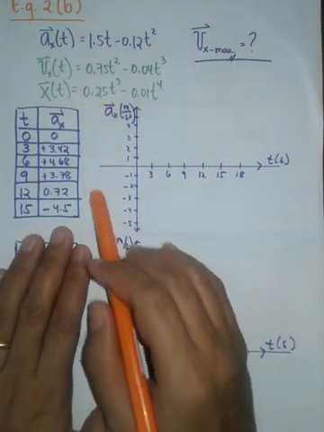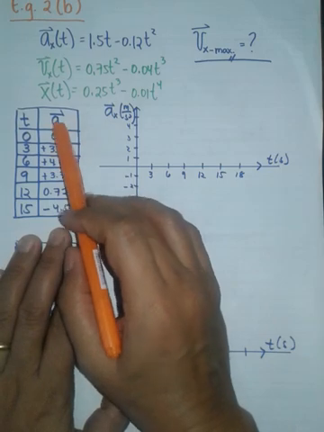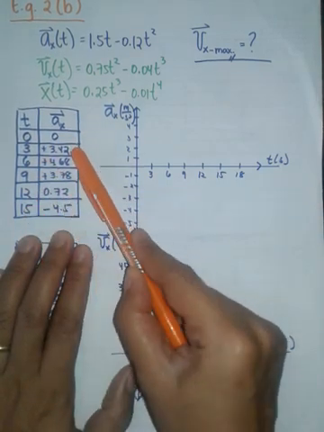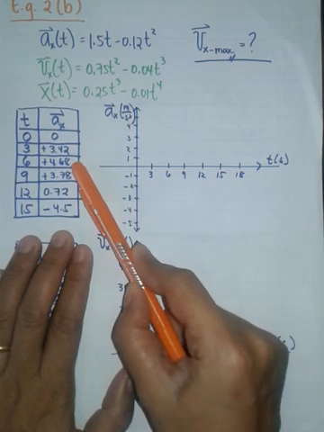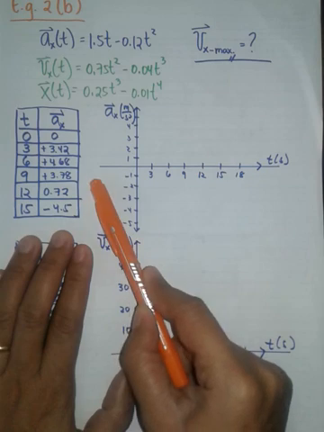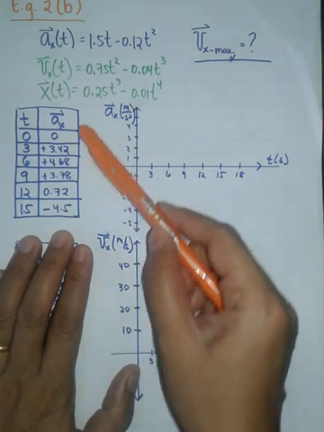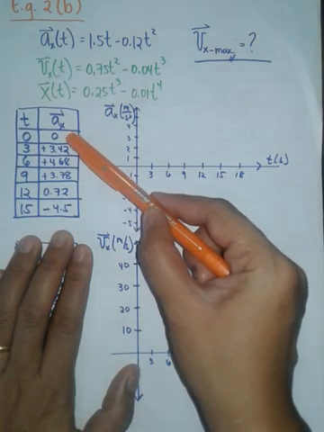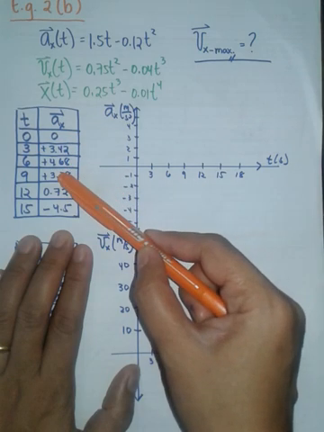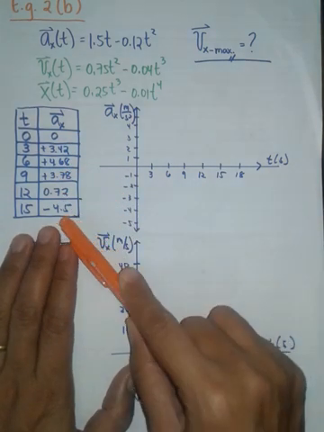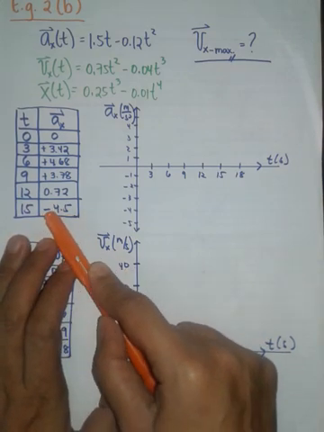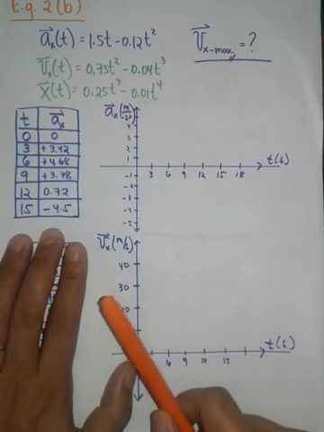Here are our values of acceleration at different times: 0, positive 3.42, positive 4.68, 3.78, 0.72. If you look at the trend, it's increasing from 0 to somewhere around 6, and then it decreases, and then increases again but in the negative direction. So please check if the values are correct.